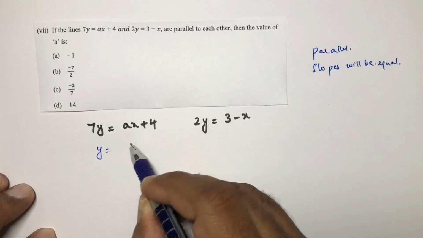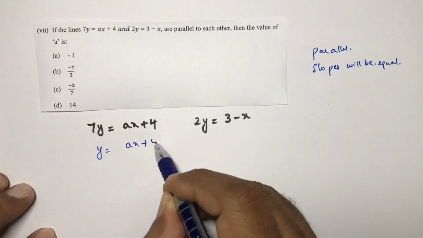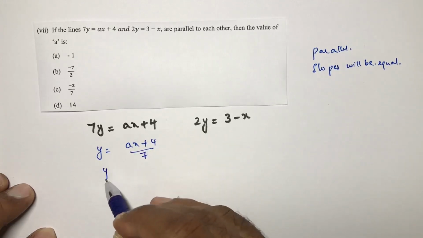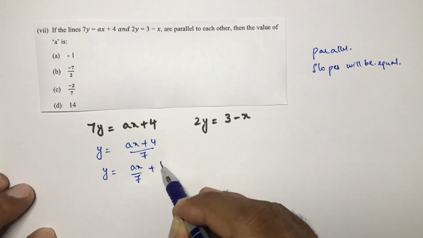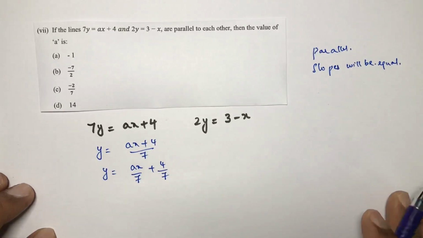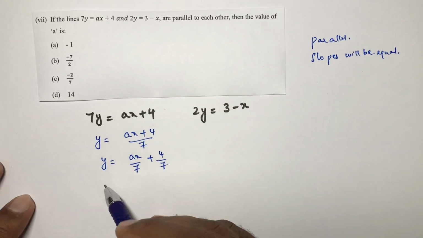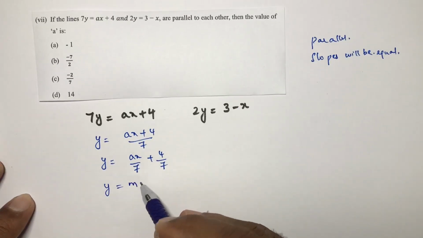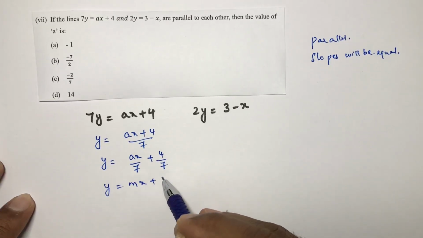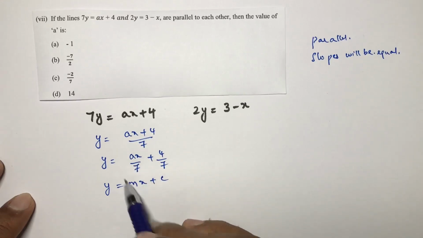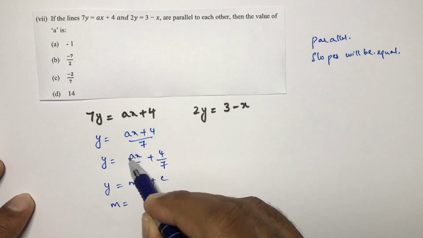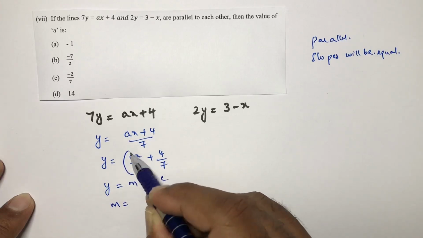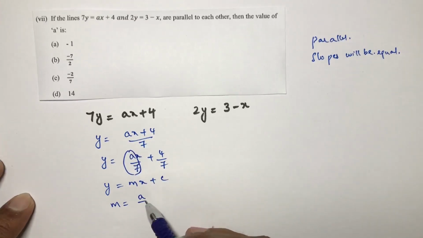So y equals ax plus 4 by 7, so y equals ax by 7 plus 4 by 7. It is in the slope intercept form, which is y equals mx plus c. So here the slope is, very clearly, the coefficient of x. So the slope is a by 7.